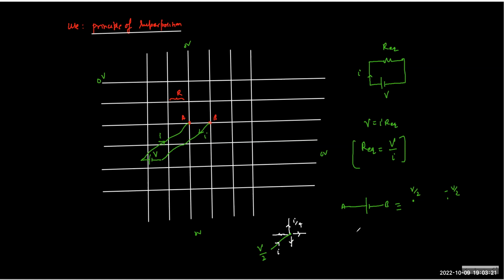Now think of the minus V by 2, because the infinity is at 0 and minus V by 2 is less than 0. At the junction, if I is coming here eventually, can we assume that each branch must be contributing 1/4? Isn't it?